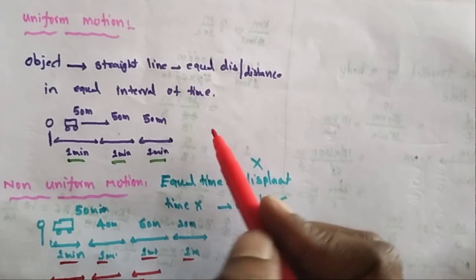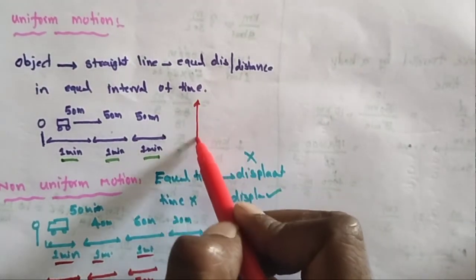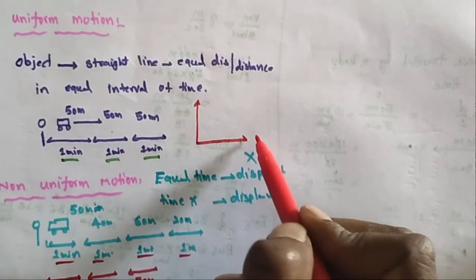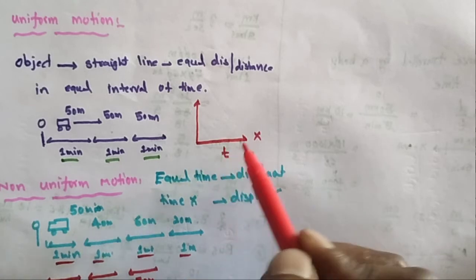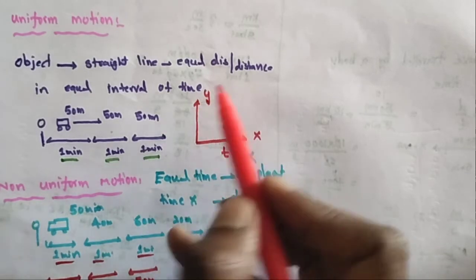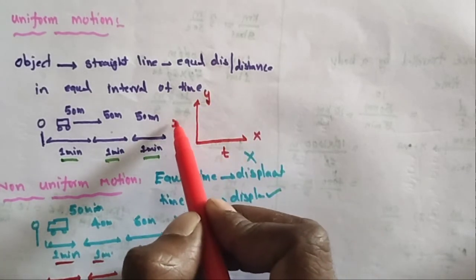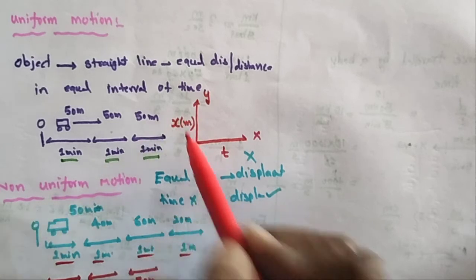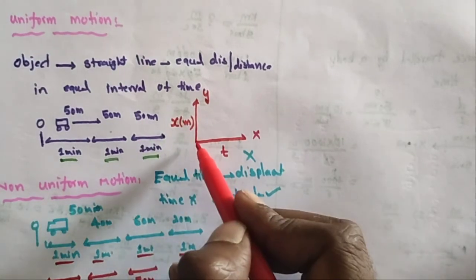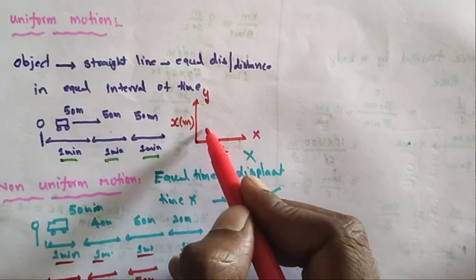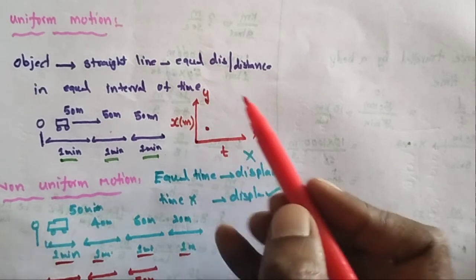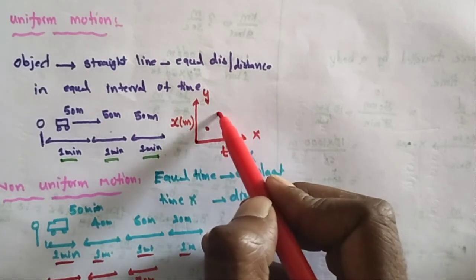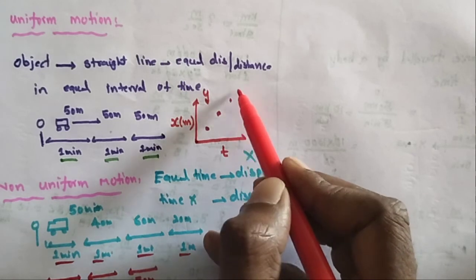So here I am taking a graph. In the x-axis I am taking time, and in the y-axis I am taking distance or displacement in meters. The initial position is like this. This is 1 minute, 50 meters. Next 1 minute, 50 meters, and so on.